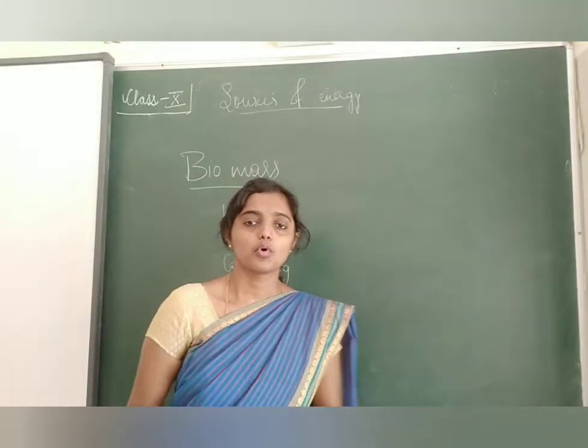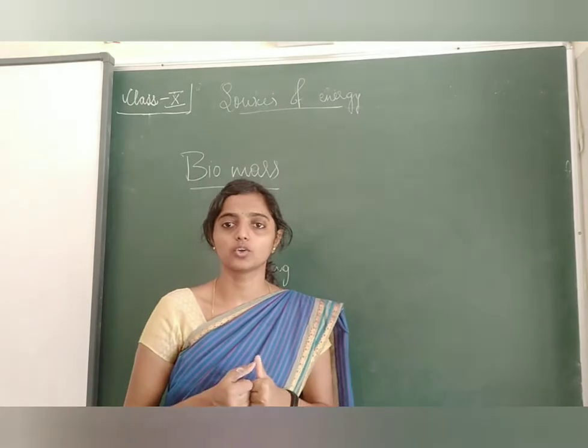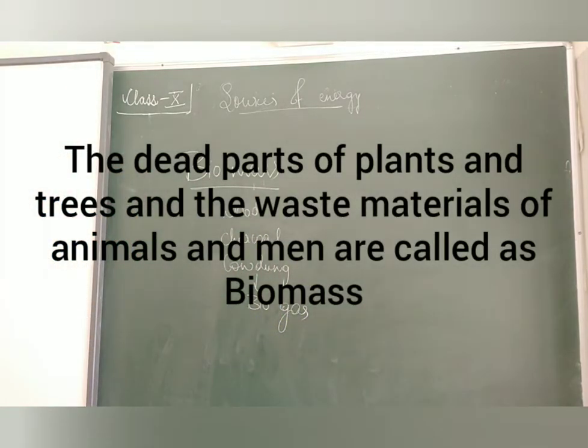Now let us study biomass. What is biomass, which we already know? See, biomass is nothing but the dead parts of plants and trees and the waste material of animals and man. So I think you understood what that is?